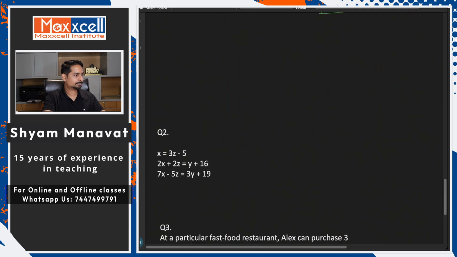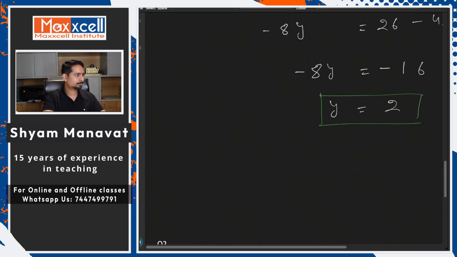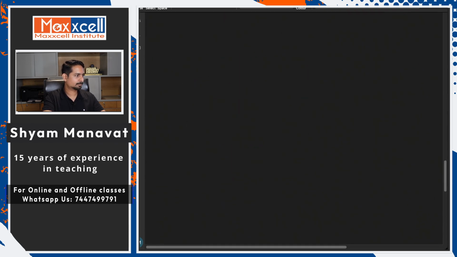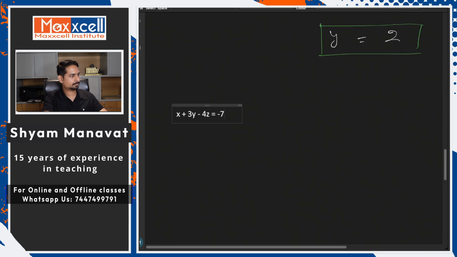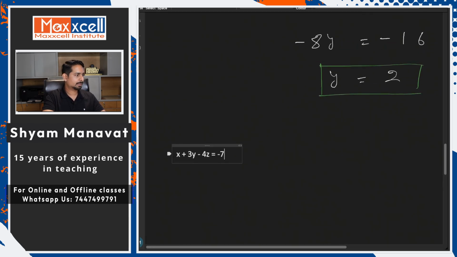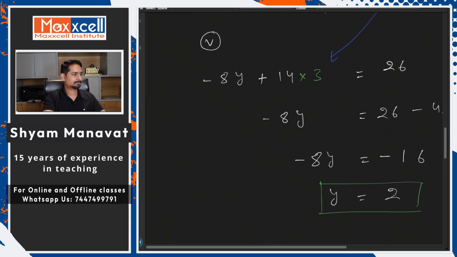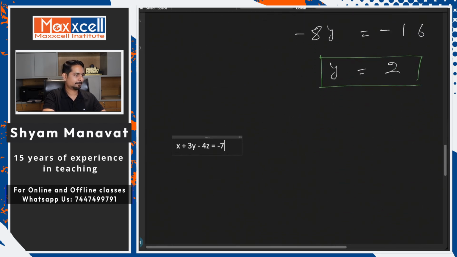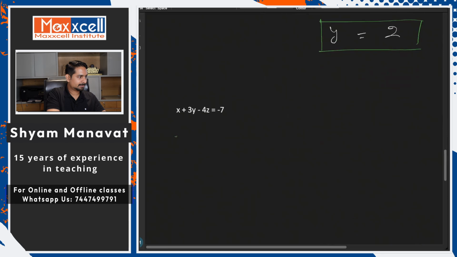and put it here. Okay, now what is the value of x? We need to find x. Y is 2 and z is 3. So x plus y is 2 and z is 3.